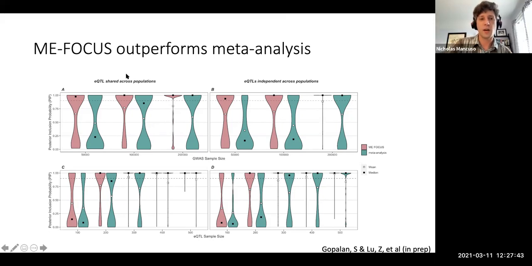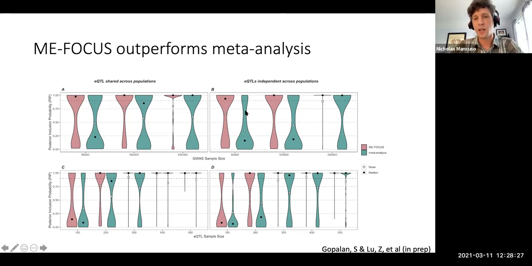Great. What I'm showing here are the posterior inclusion probabilities, violin plots across all simulations for ME focus, our method in red, versus the meta-analysis approach in green. Down here we have the GWAS sample size, which I think reflects either the total or per-population sample size. Either way, our approach outperforms the meta-analysis approaches across the range of sample sizes, not only when eQTLs are shared across populations, but with a drastic improvement when eQTLs are actually independent.